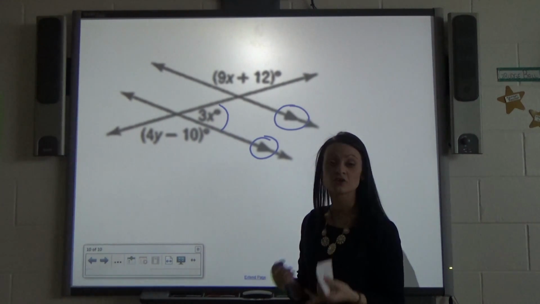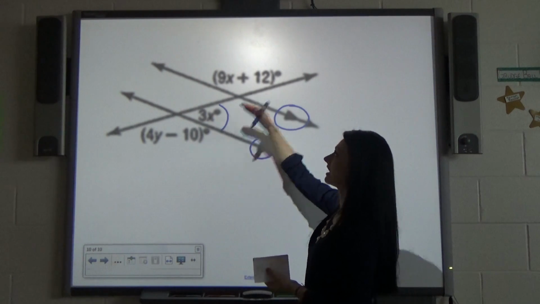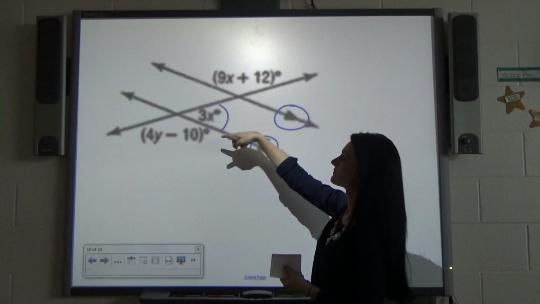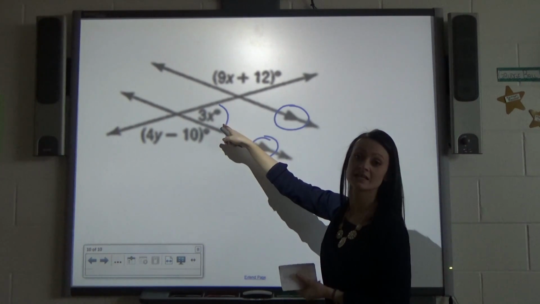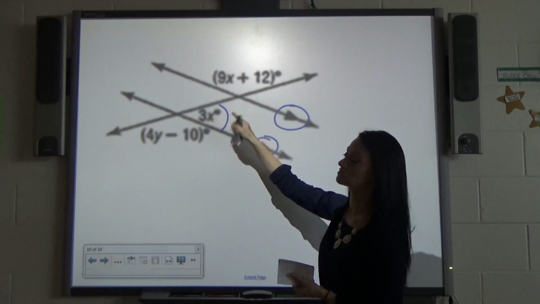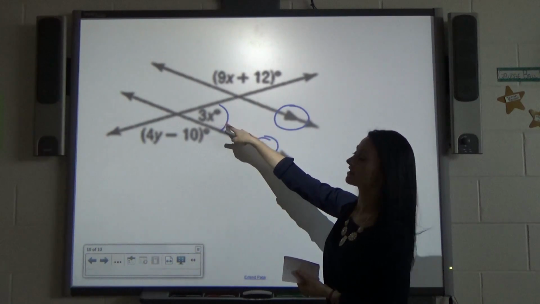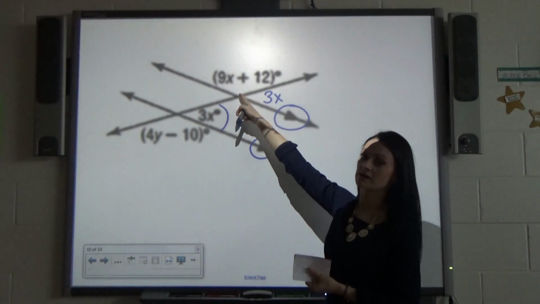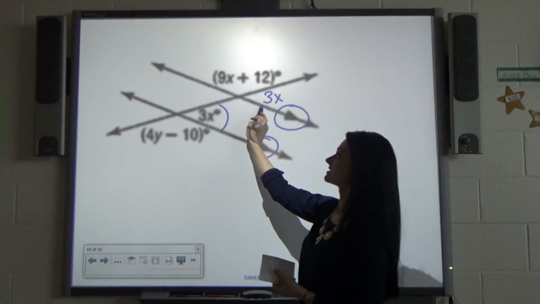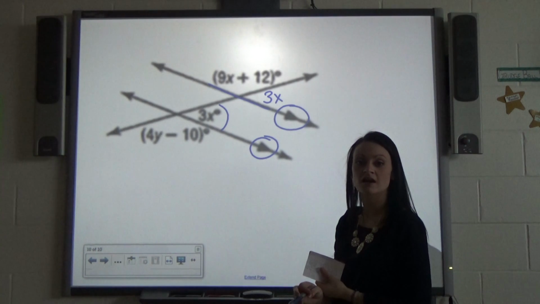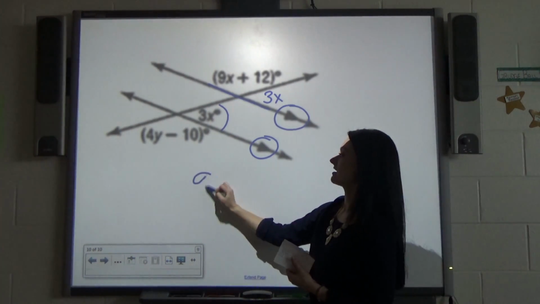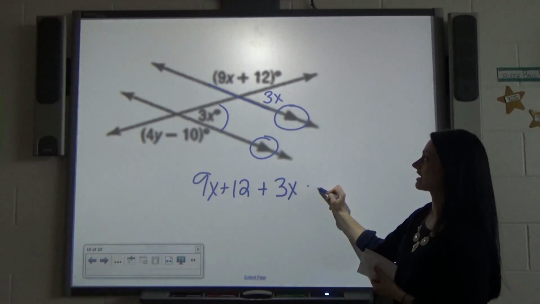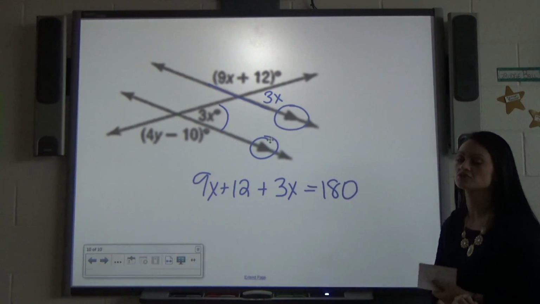Either way, you're going to be able to get 3x on the top parallel line to relate it to 9x plus 12. So I'm going to do corresponding angles in this situation, which tells me the corresponding angle here would be right next to 9x plus 12. Now I'm in a situation where I have a linear pair. So I can take 9x plus 12 and add it to 3x, and I know that that has to be equal to 180 degrees.